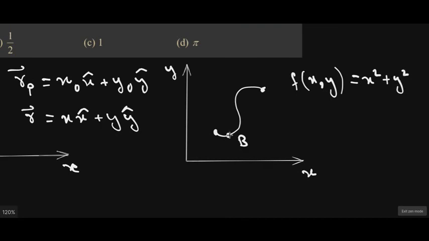Then at any point here the function will have some finite value, like f at x0 comma y0 will be equal to x0 squared plus y0 squared.